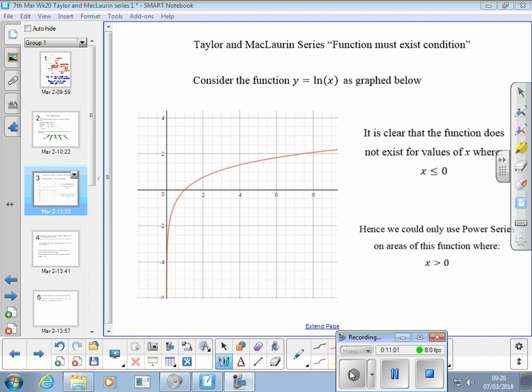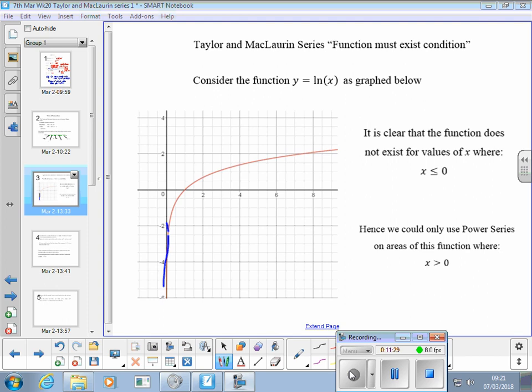So, looking at the function that I've got graphed on the board there, which is y is equal to ln x, it looks like it's reached 0 on the x scale, but it hasn't. It never does. It gradually gets closer and closer as we approach 0.